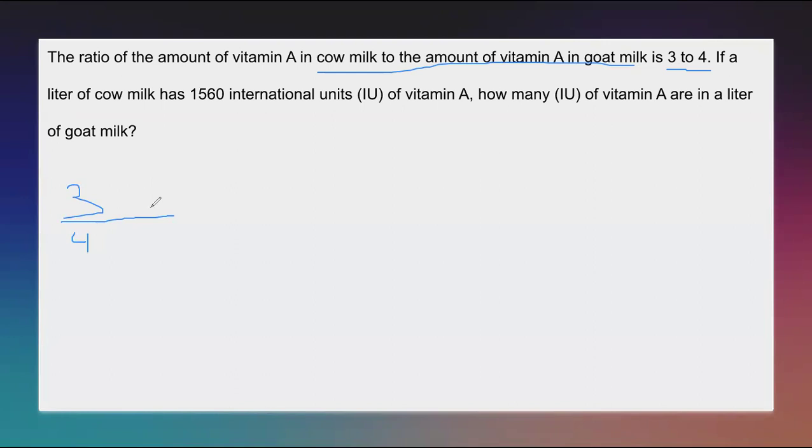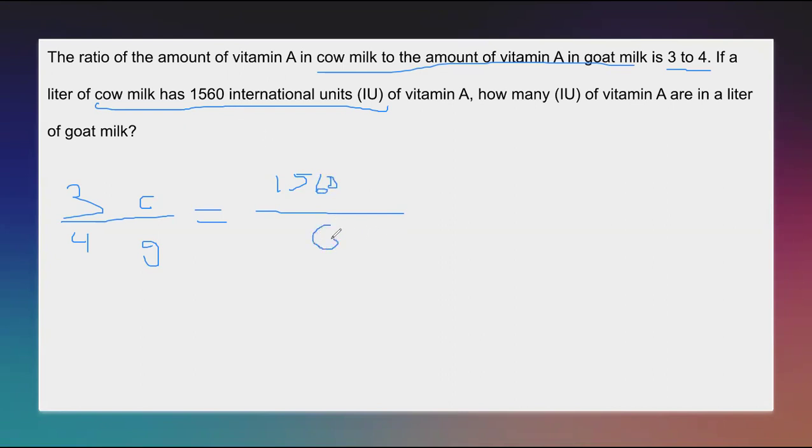And it's cow milk to goat milk, so we'll do C for cow milk, G for goat milk. And let's look at our final. We're going to have 1,560 IU for cow milk. So we know cow milk, it's going to be 1,560. And we don't know for goat milk. That's what we're solving for.